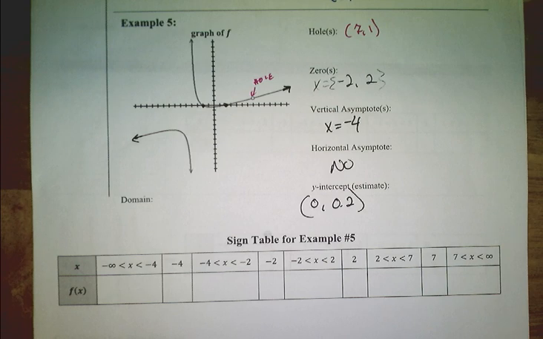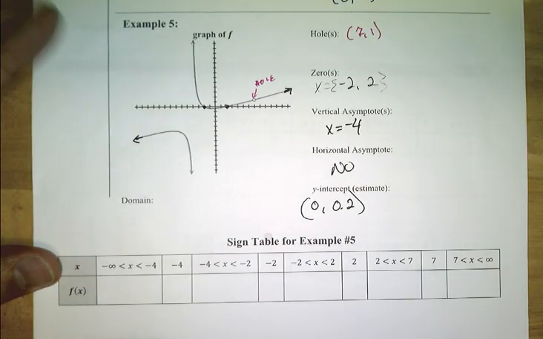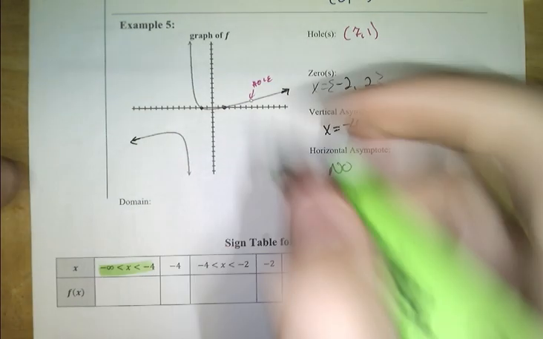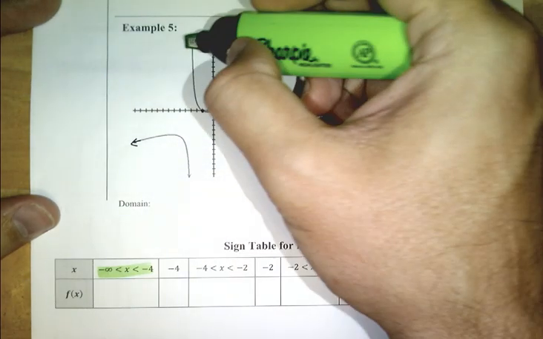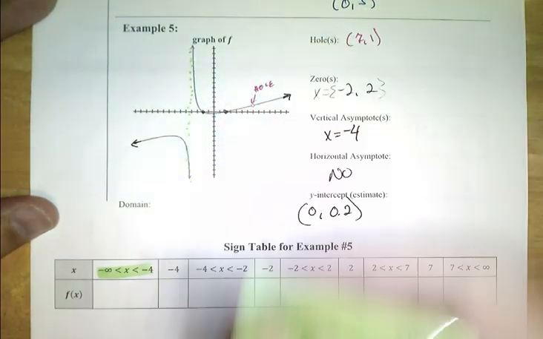Okay. Now we have the sign table here. So this sign table, the domain. This domain right here is from 0 to negative 4, and it looks like negative 4 is about right there.